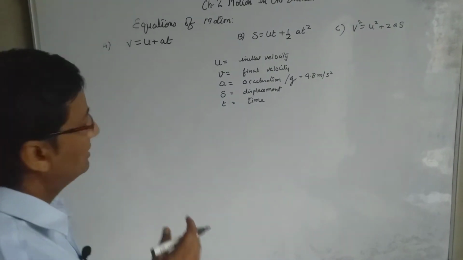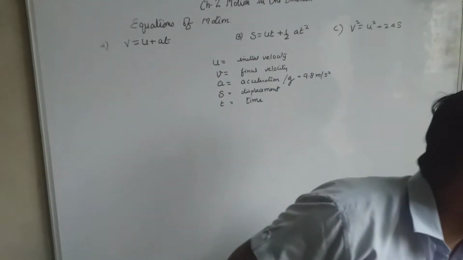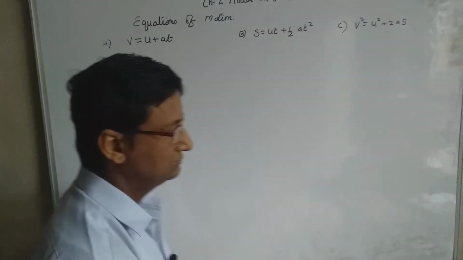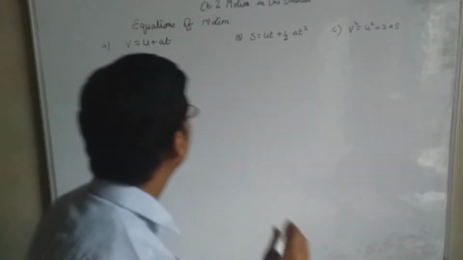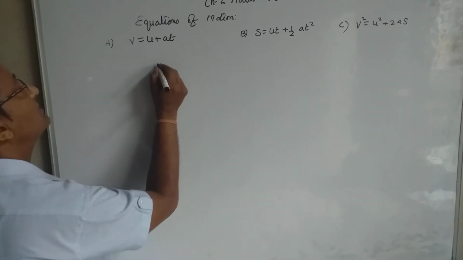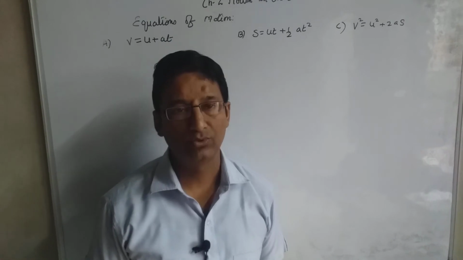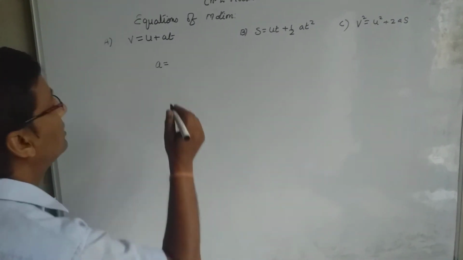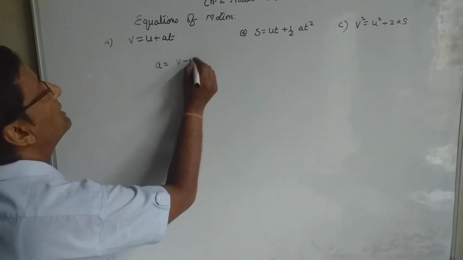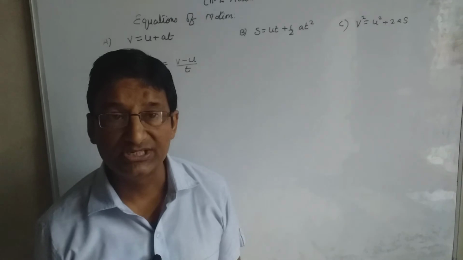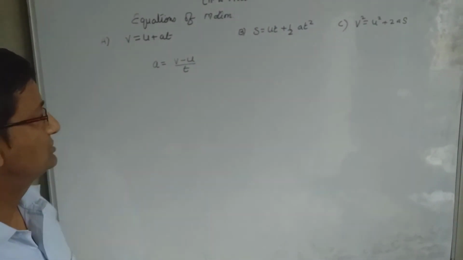Let us derive the first equation of motion. What do you understand by acceleration? Acceleration means rate of change of velocity. So this will become V minus U, which is change in velocity, and when you divide it by T, it becomes rate of change of velocity, which is the actual definition of acceleration.